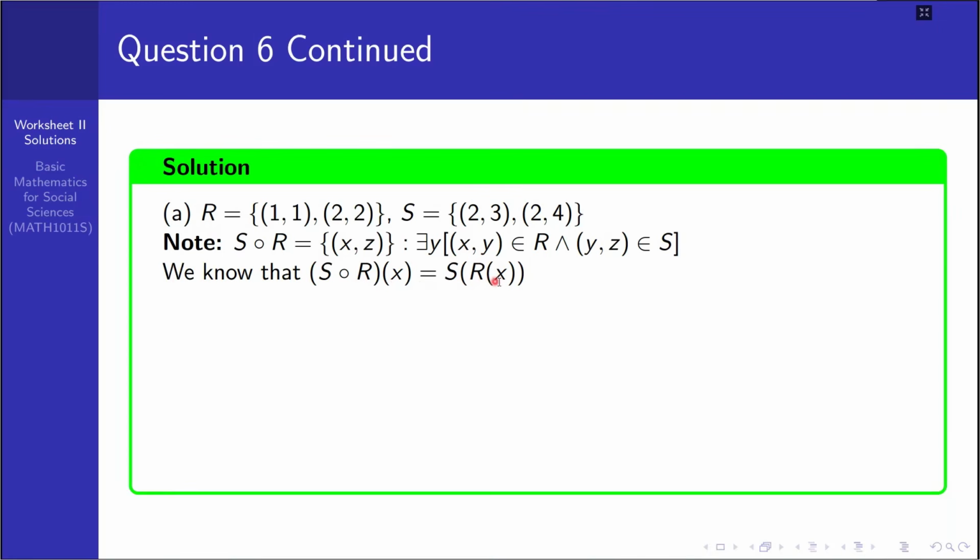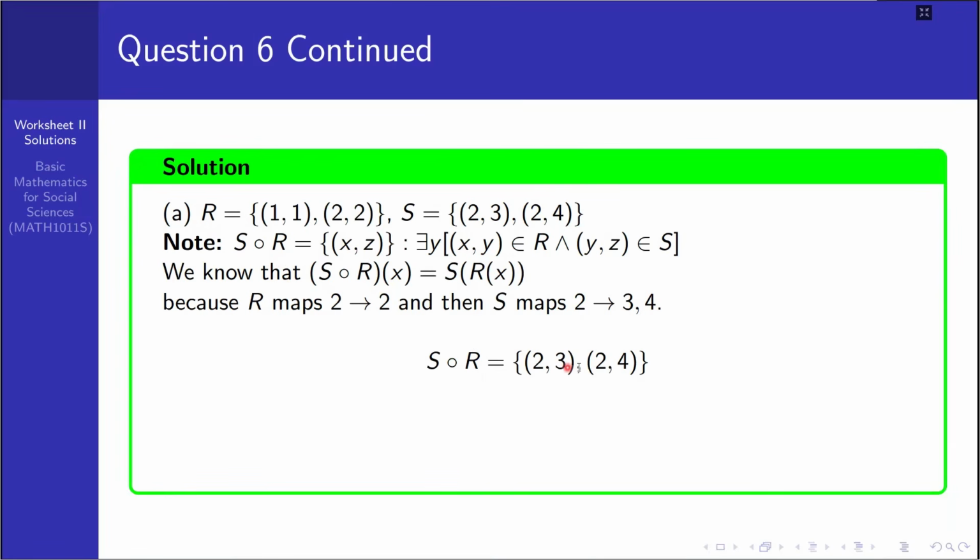That means first R takes x to some place. Then from the image of x under R, we can find its image under S. So when we look for S composed of R, we can start from the inner function, which is R, because R maps 2 to 3 and S maps 3 to 4, so that S composed of R is this one, simply 2 to 3 and 2 to 4. Let us see how it is found.